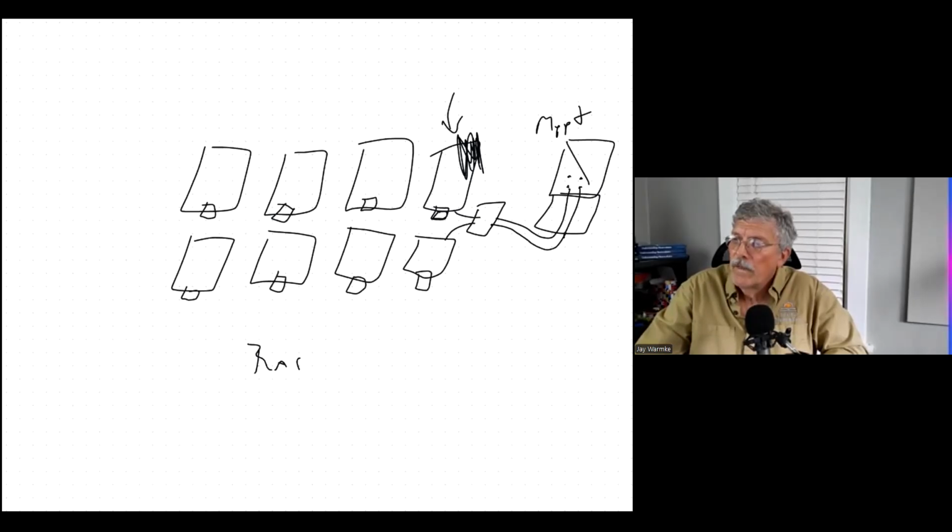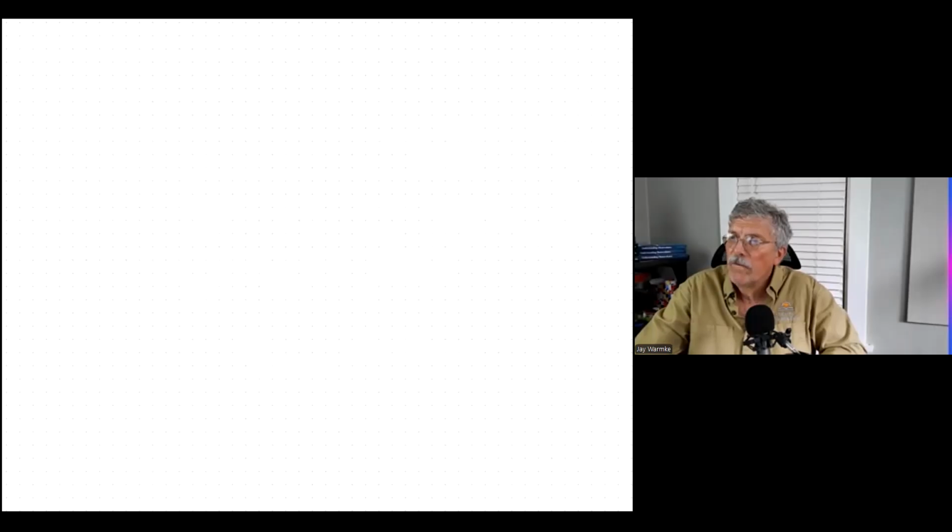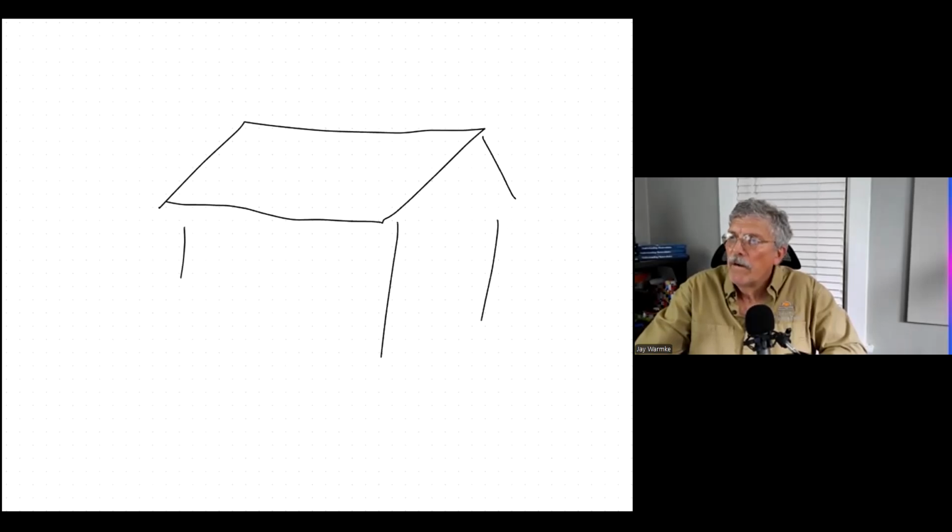So let me explain what rapid shutdown is. What rapid shutdown seeks to fix is, let's say we've got a roof here on a house, and we've got our solar array up here.